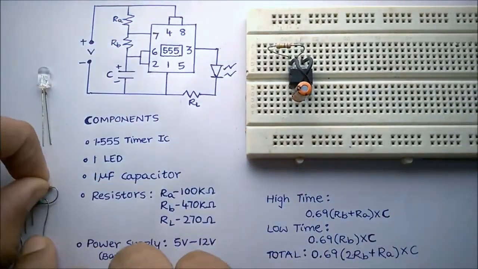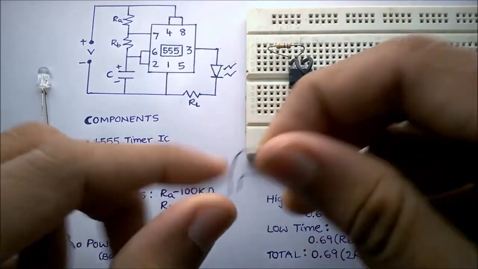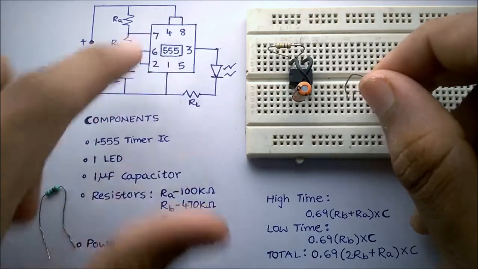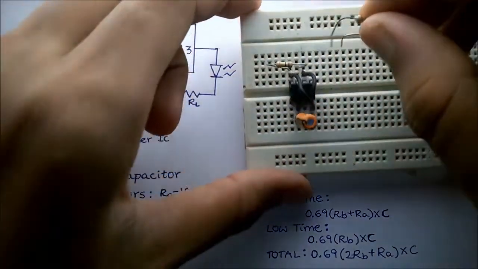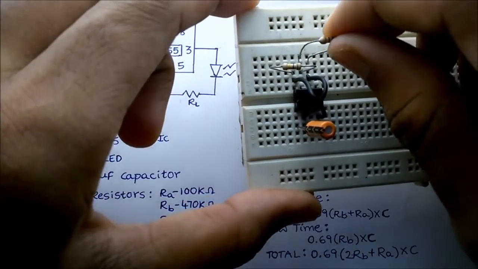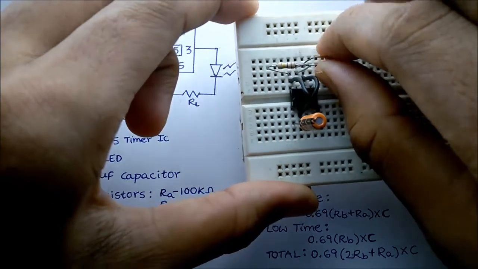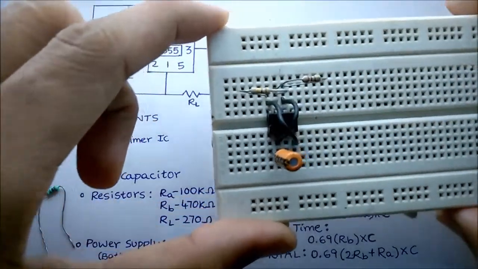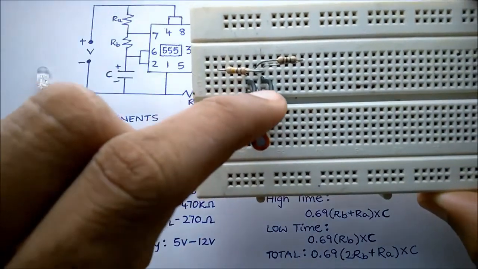Now we will connect RB between pin number 6 and pin number 7. RB is 470 kilo ohms. We have connected RB between pin number 7 and pin number 6.